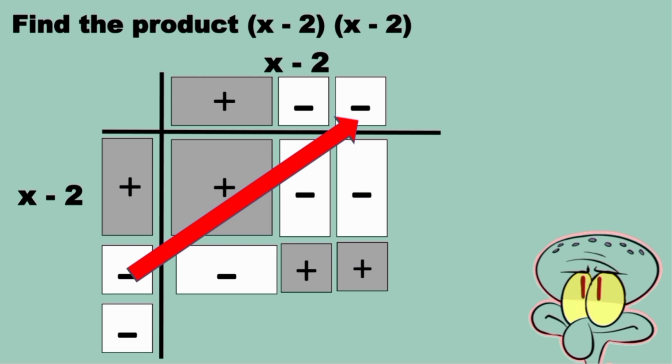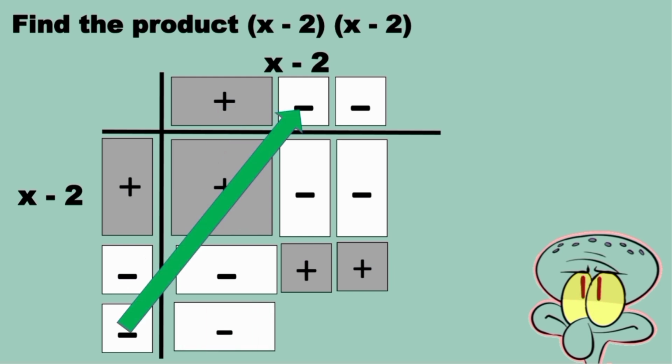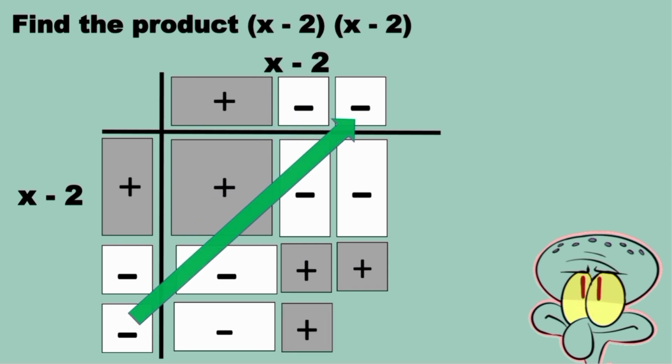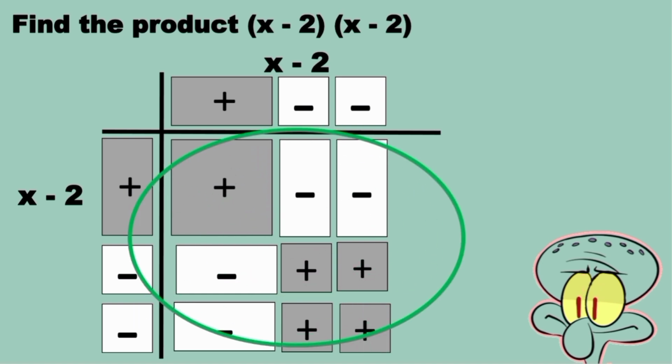Now let's proceed to the third term. Negative 1 multiplied by positive x is negative x. Negative 1 multiplied by negative 1, we have positive 1. And negative 1 multiplied by negative 1 is also positive 1. Now let's add all the factors. We have 1 positive x squared. That is x squared.